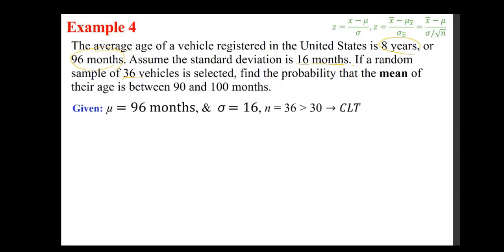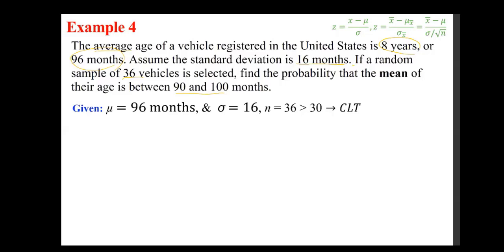So the very first thing we write, the given. Mu is 96. Sigma is 16. And N is 36, and it's larger than 30. We can use the CLT. Now, the question is, find the probability that the mean of their age is between these two numbers.